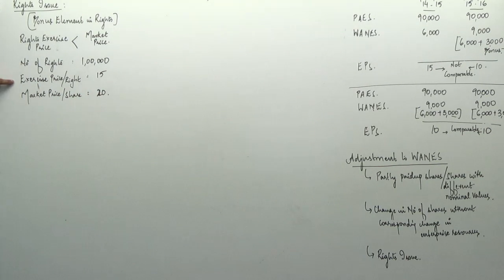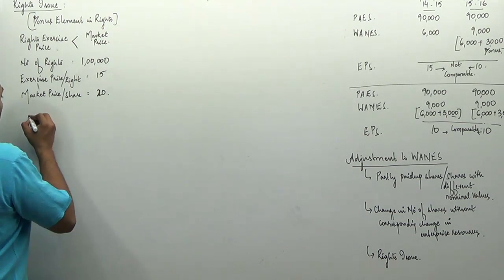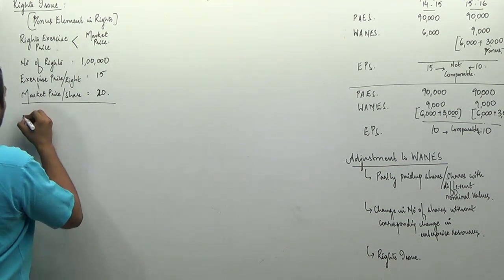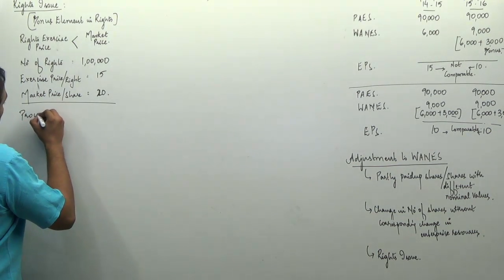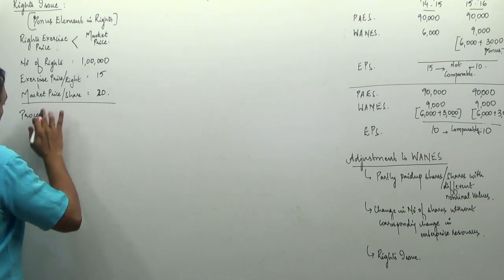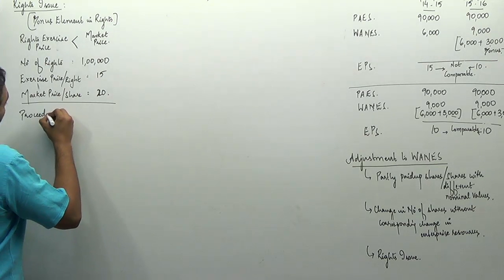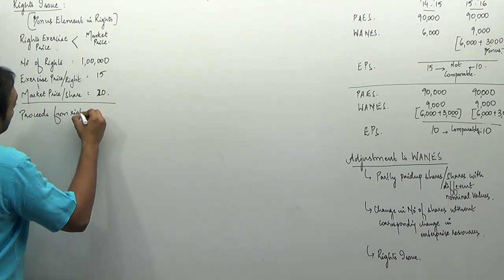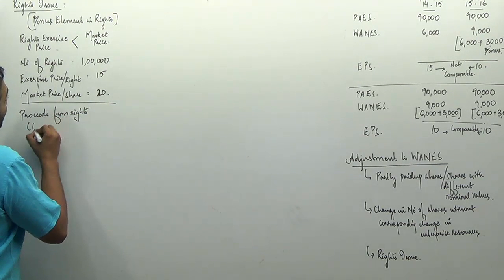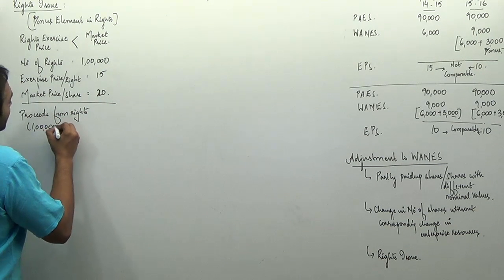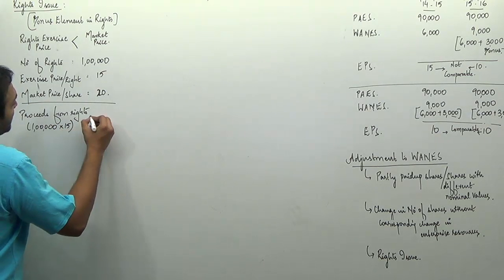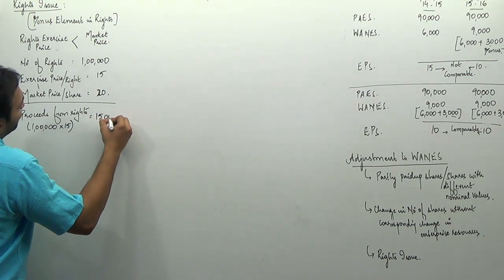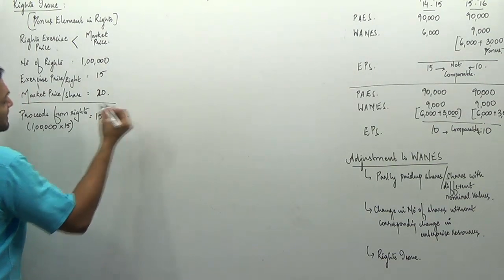So I'm issuing each share at 15 when the market price of share was 20. So let's think about it. What are the proceeds from rights? My proceeds from rights are 1 lakh rights, each one yielding 15 rupees. So it will yield him 15 lakhs from sale of rights.